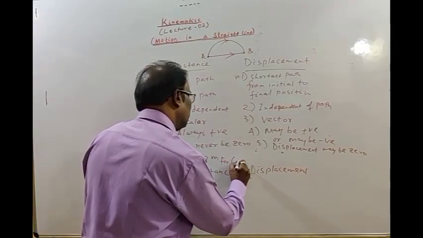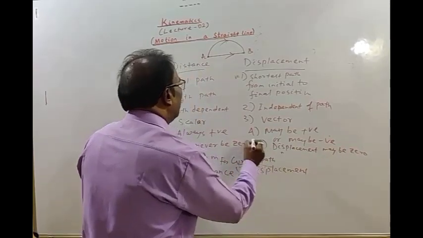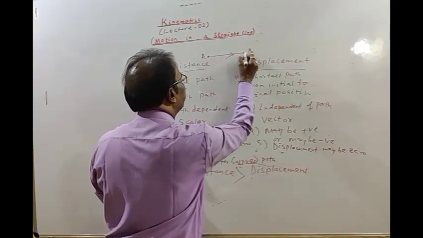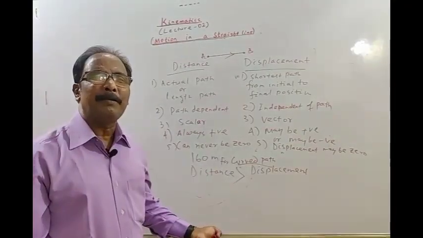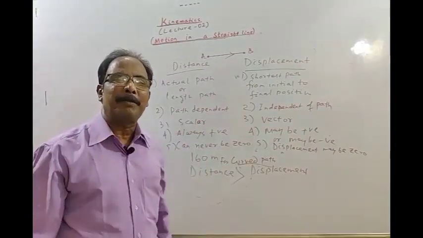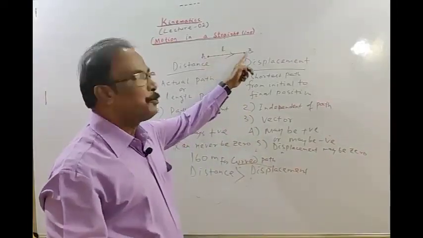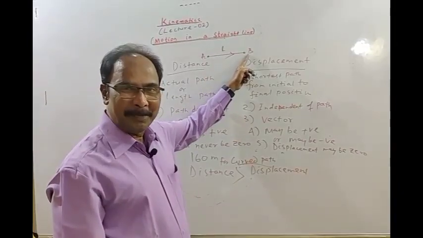For a straight line path, let a body start from A and move along a straight line and reach B. So if a body actually moves along a straight line, then this length is the distance. Also, this length is the magnitude of displacement.